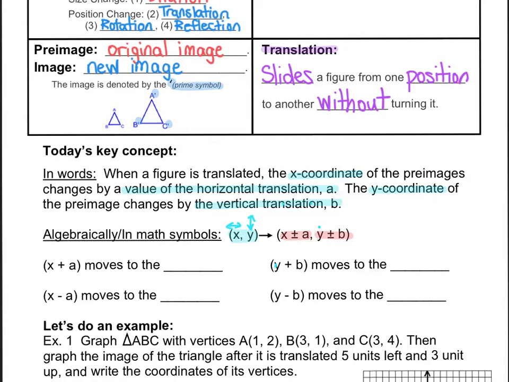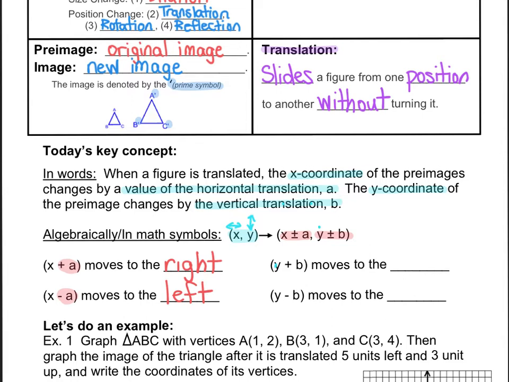So to know which way it's going to move, if you are adding something to your X, it is going to move to the right. If you are subtracting something from the X, it's going to move to the left.